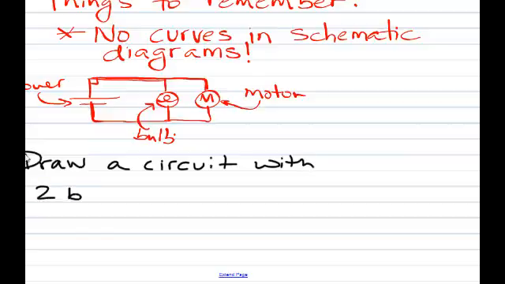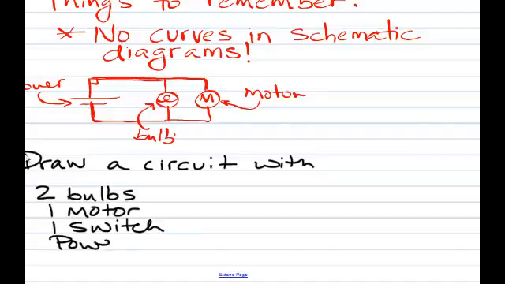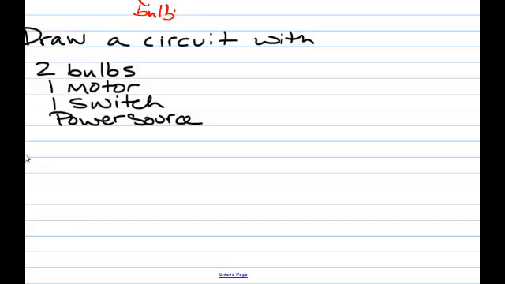Okay, 2 bulbs, 1 motor, 1 switch. And the power source, of course, is a given. What would this look like? There's going to be lots of ways to draw it, but you got to use those symbols that you learned yesterday. So make an attempt to draw this.